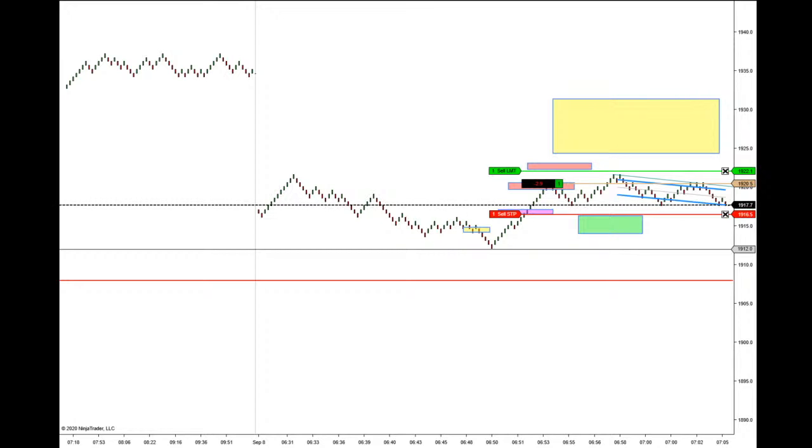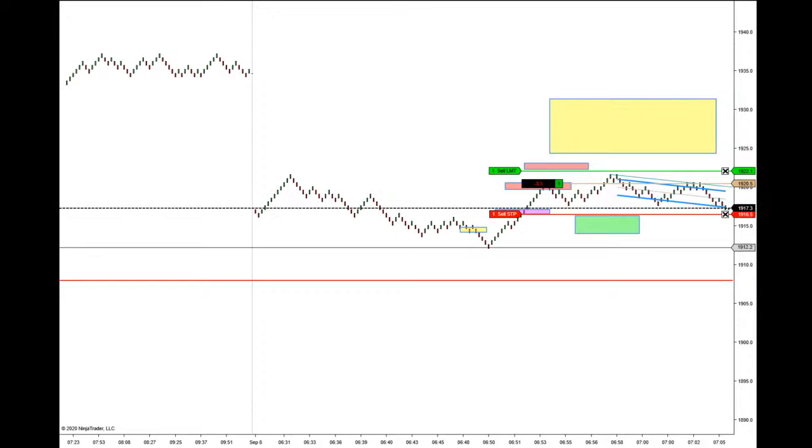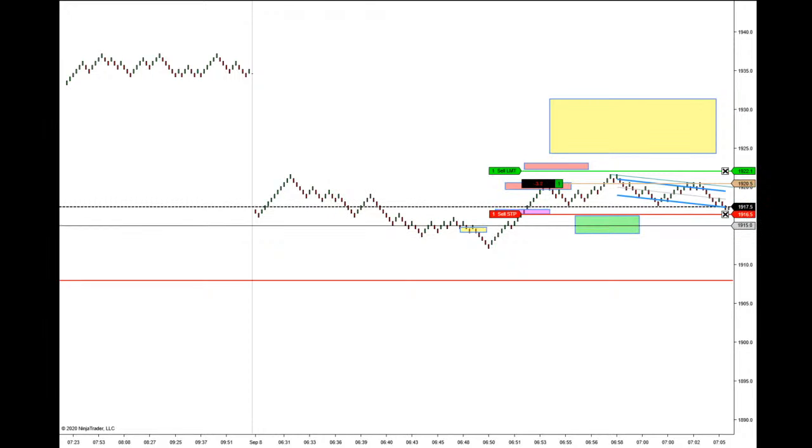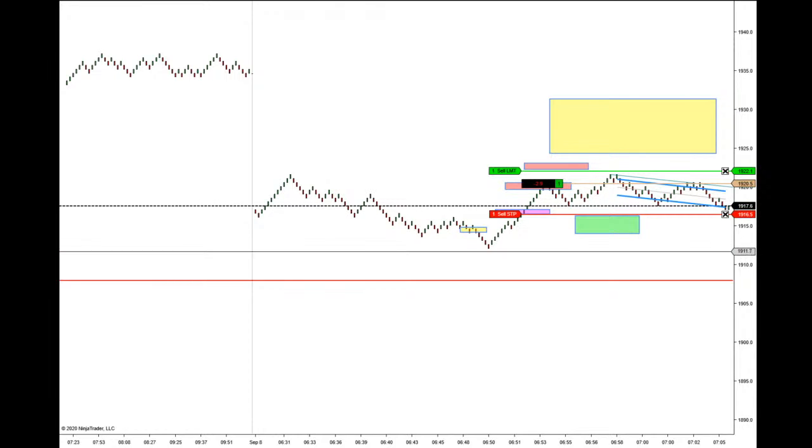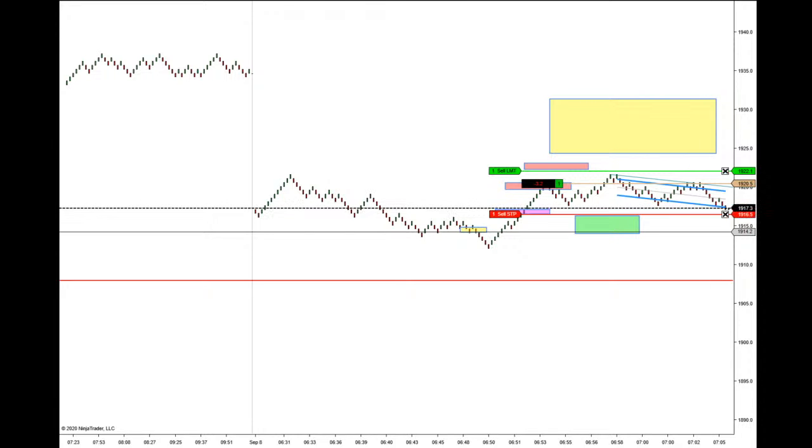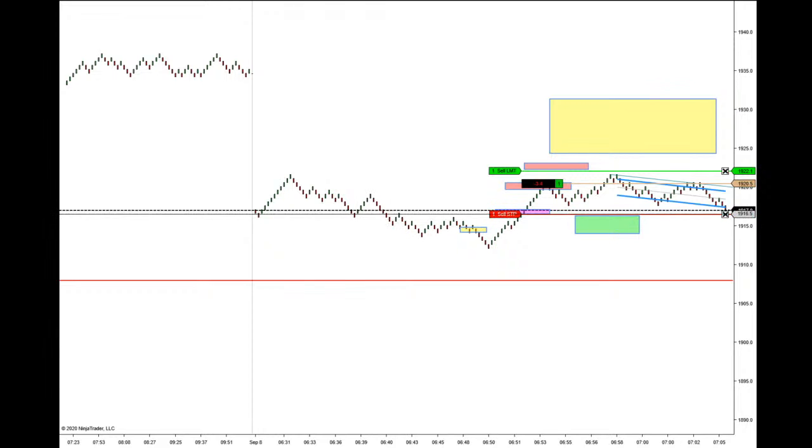Nope. There it is. Not good. Alright, we're going to be negative 300 again. Maybe we just made it. We are right at correction.